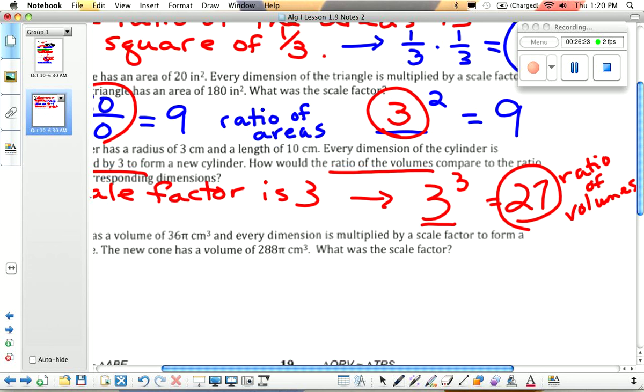Okay. You see if you can do the next one. Get it started on your own. You have to find the scale factor this time. I bet you can.